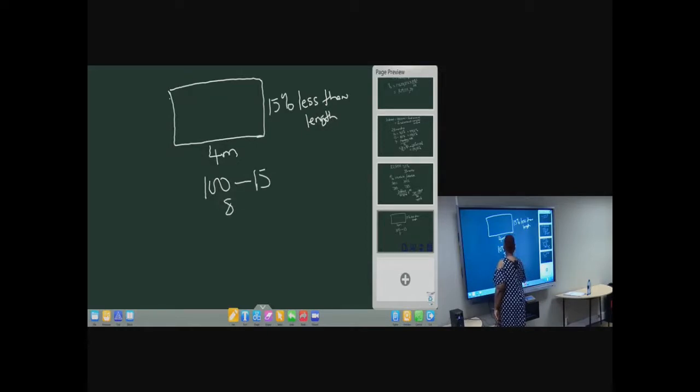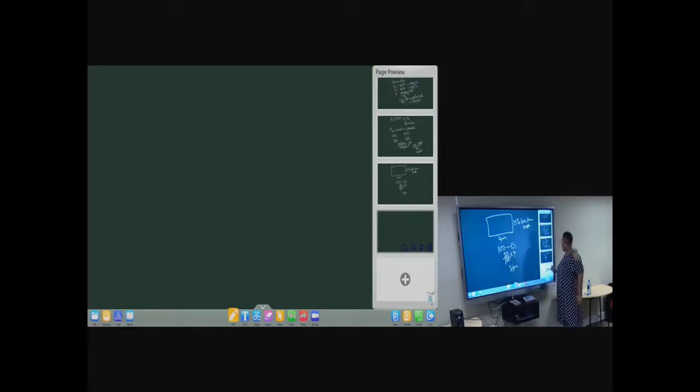Then you have 85% of what? Of 4. Which is 3,4 meters. I'm trying to show you how many questions can be asked with percentages. Many different questions.